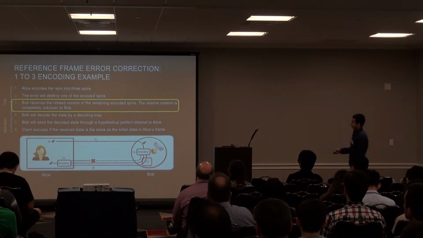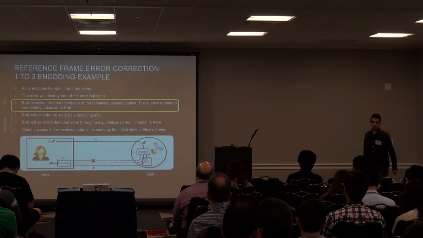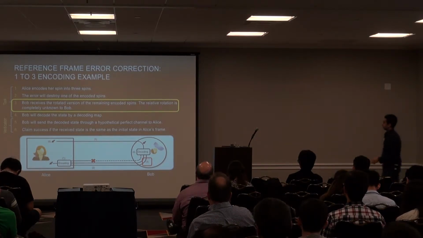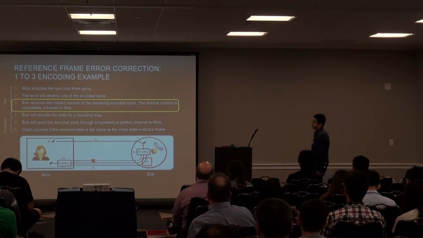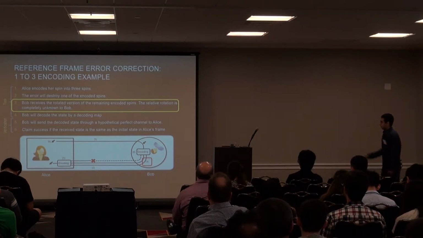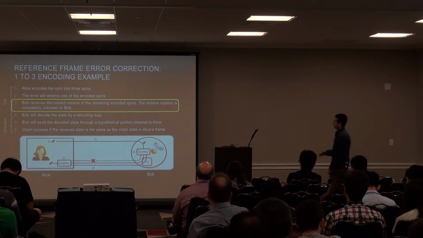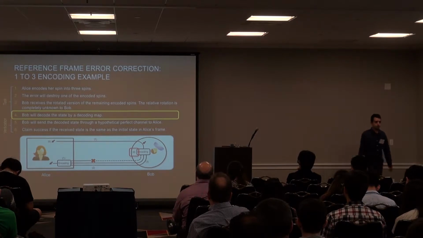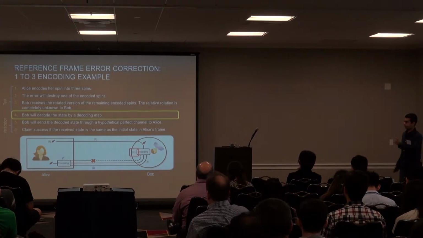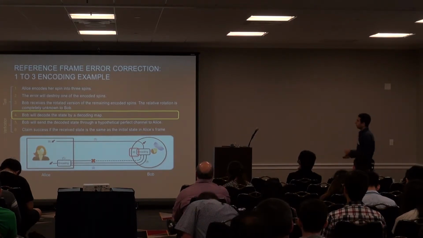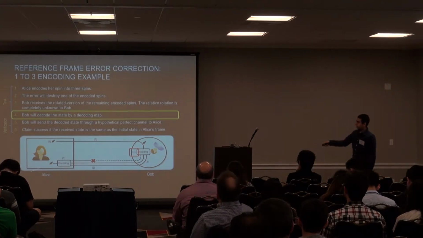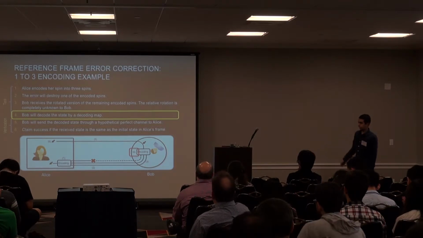Step 3, Bob receives the spins, but he receives them up to some rotation, and the relative rotation is unknown to Bob because they don't know each other's reference frame. The goal is that Bob, although he doesn't know the exact rotation, should be able to recover the spin, pointing in the exact same direction as Alice's spin.